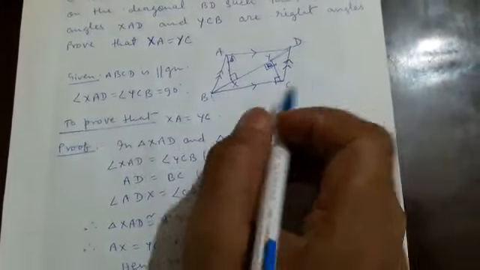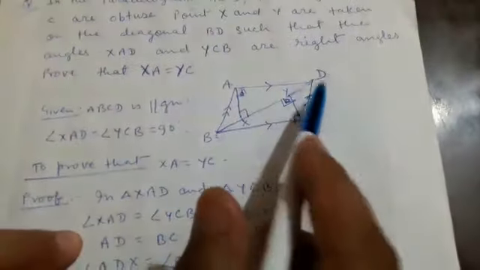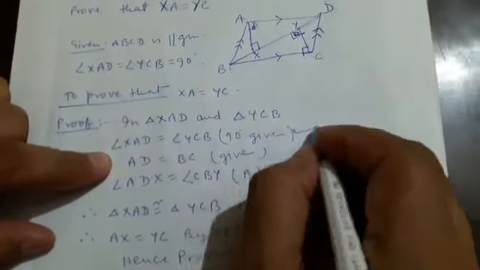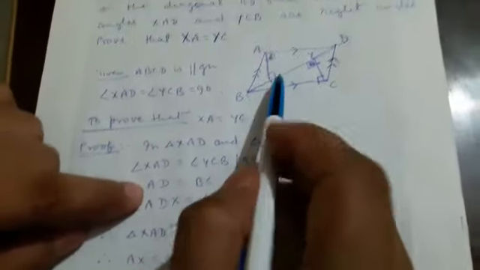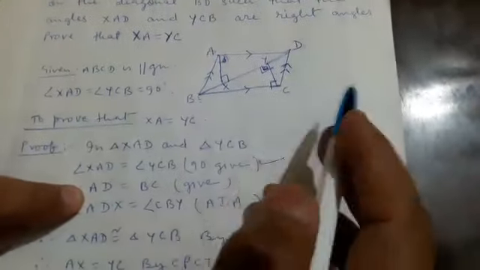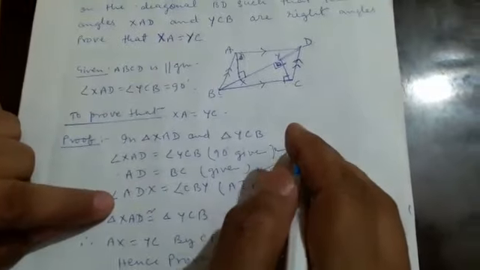To prove that XA is equal to YC, in triangle XAD and triangle YCB, angle XAD is equal to angle YCB, it is given that they are 90 degree. AD is equal to BC, this is also given because in a parallelogram opposite sides are equal.